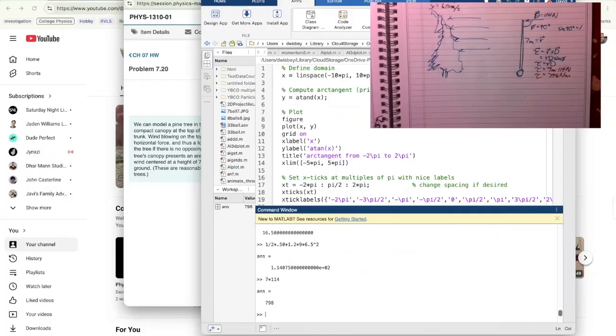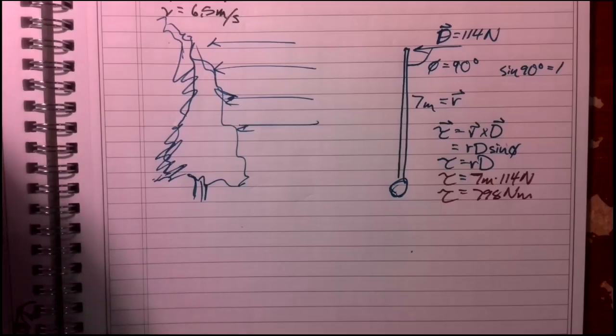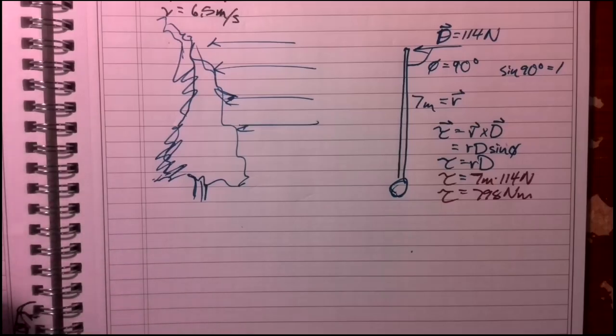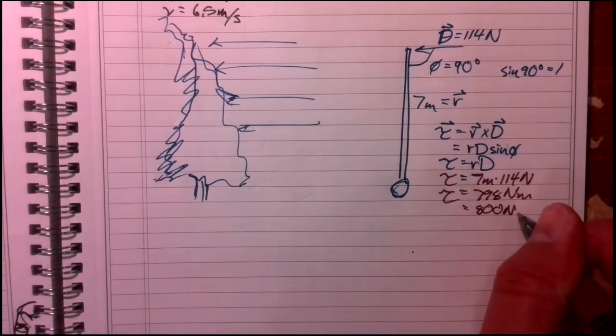A newton meter. It's also interestingly the same as if we did work. Work is also newton meters, but that's a joule. But in torque, we want to keep it in newton meters, so that's very specific. Okay, so this is 800 newton meters.